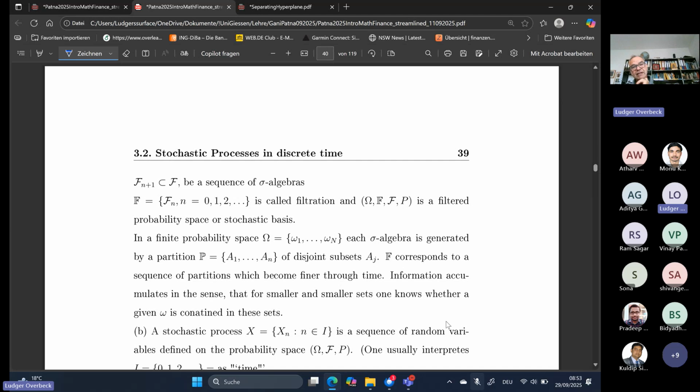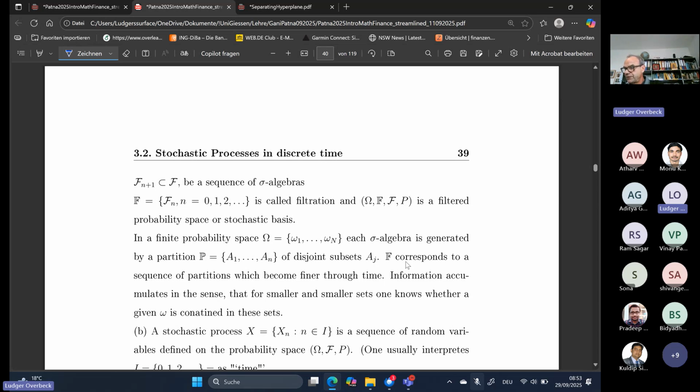You can cut first at F1 into up and down. At time 2, you cut into up-up, up-down, down-up, down-down. You have 4 potential events, and so on, and you have a finite partition. This means as time goes by, you get more and more events which you know.